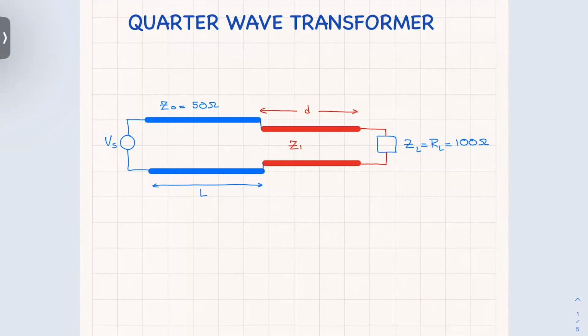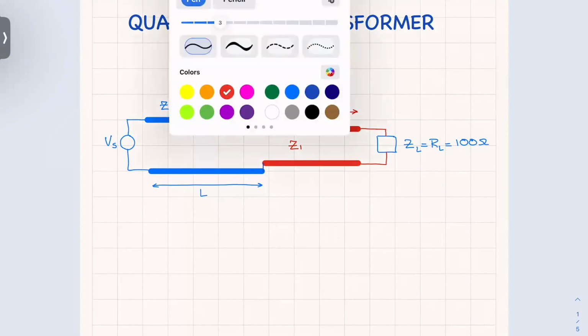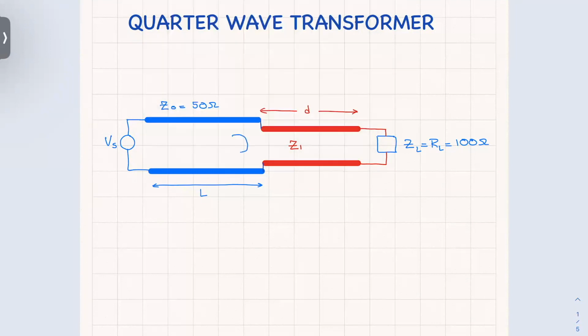So the reflection coefficient right here, and therefore everywhere on this transmission line, is 0. So now I'm going to name the nodes, A prime, B prime, and then I will call here C prime.